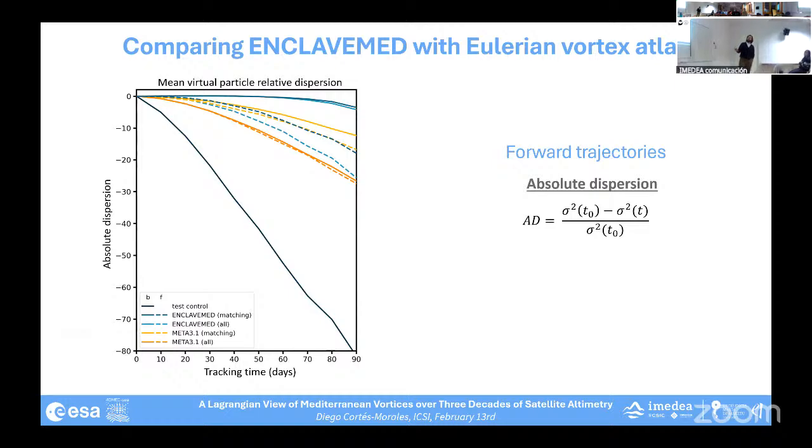And if we consider all the structures, again, the Lagrangian vortices in the forward case identified less dispersive areas than the Eulerian case. Again, with the test control, we have found much more dispersion.